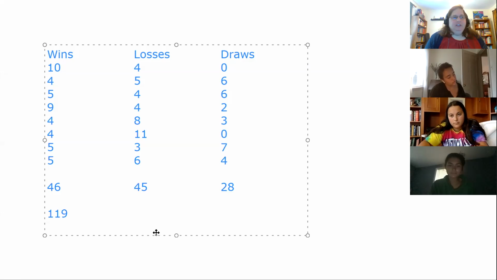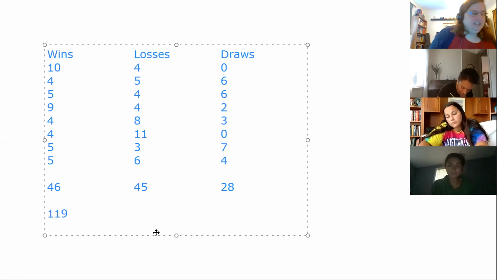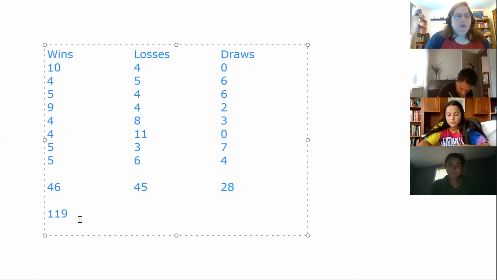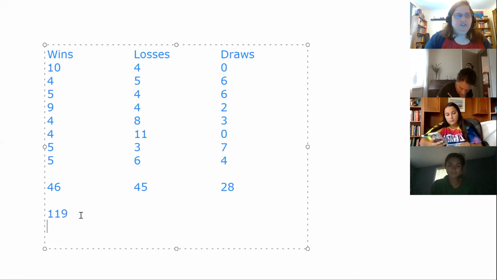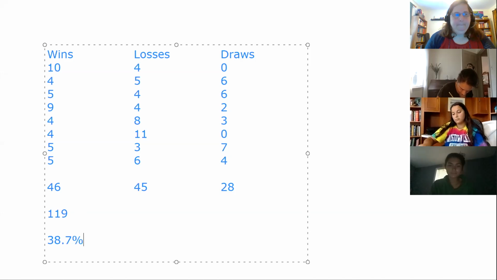So now let's figure out the probability of winning, losing, and drawing. And of course, the way we do this is we're going to take 46 divided by 119, and we see that it's 0.386, actually it's 0.387 if I round up, so 38.7% chance of winning. Let's see about losing.